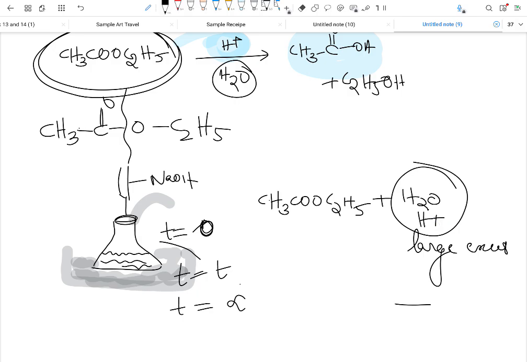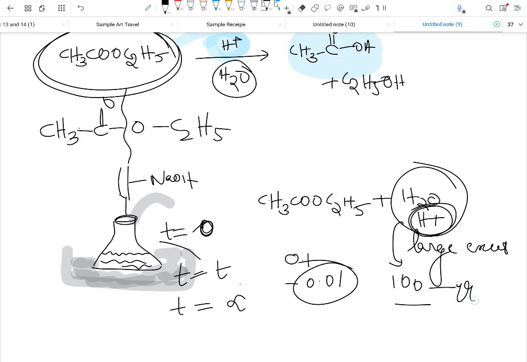Suppose out of 100, 0.01 is reacting from the ester, so 99.99 of H2O remains. So H2O is in very large excess.